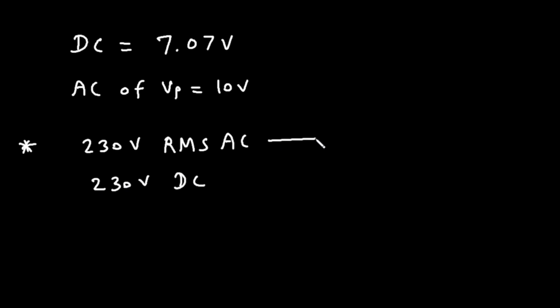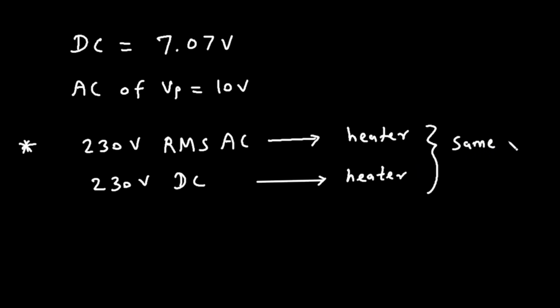If we apply either of these to a heater, the same heat will be generated. So remember that this 230 volt RMS value of AC is equal to 230 volt of DC.